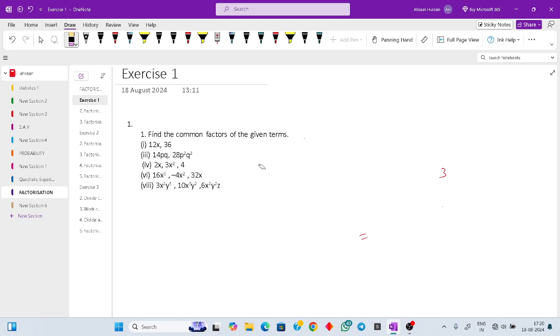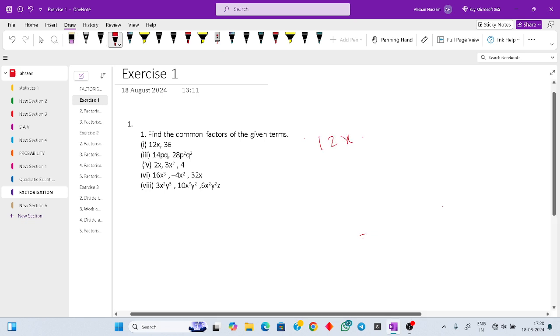So this is 12x. 12x means 2 into 2 into 3 into x, because if you factorize 12, you will get 2 into 2 into 3, and this x is multiplied. And if you factorize 36, you will get 2 into 2 into 3 into 3.